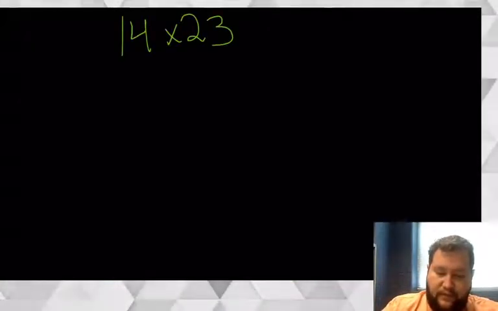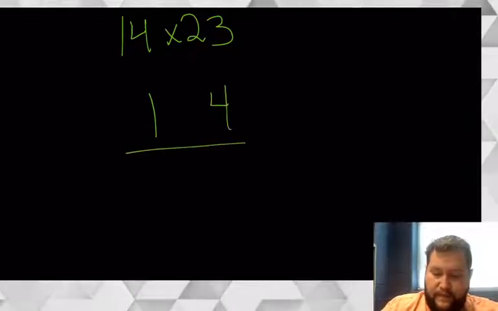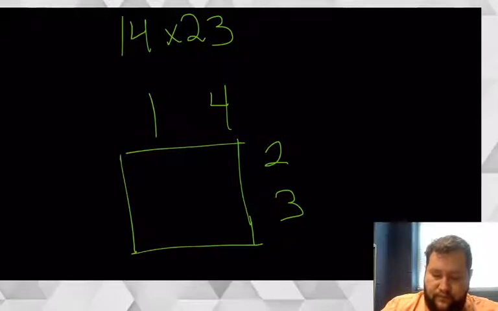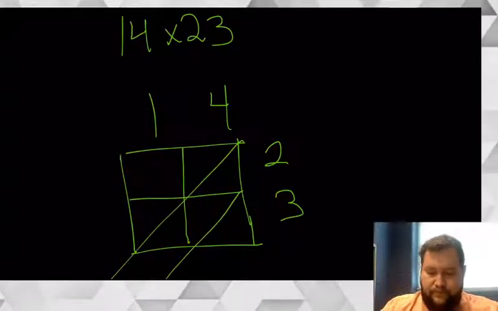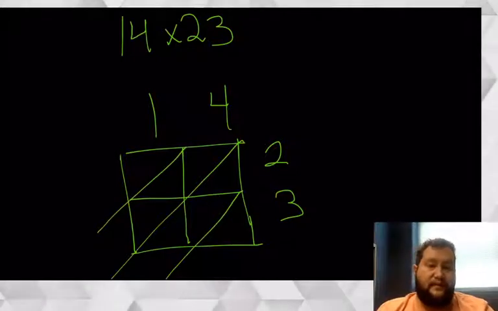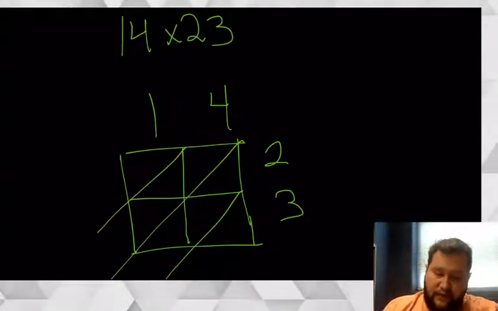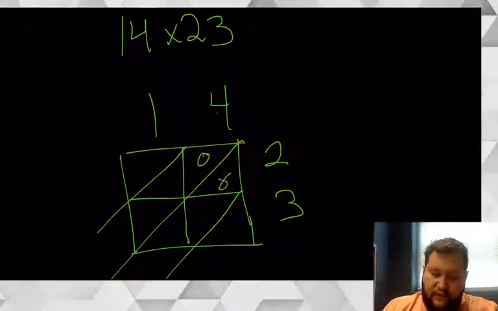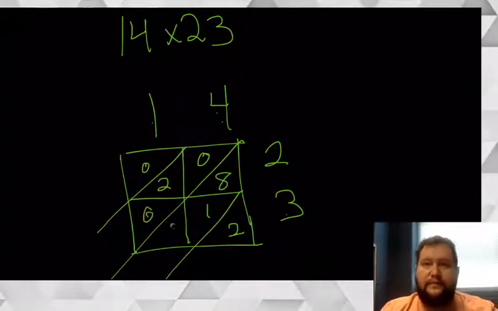So 1, 4, 2, 3, and so you set it up this way. So first we'll do 4 times 2 is 8, 4 times 3 is 12, 1 times 2 is 2, and 1 times 3 is 3.